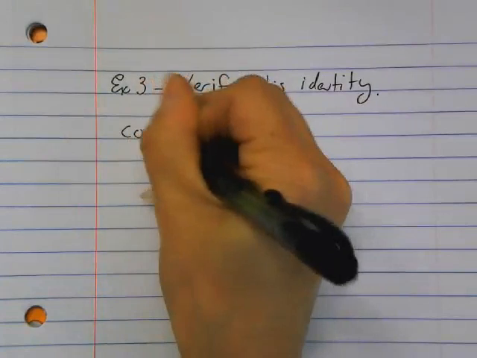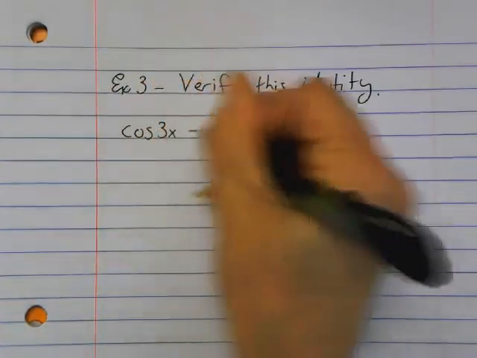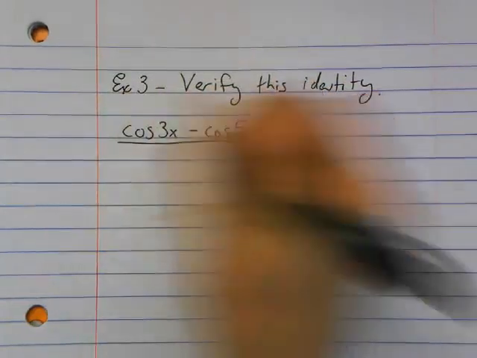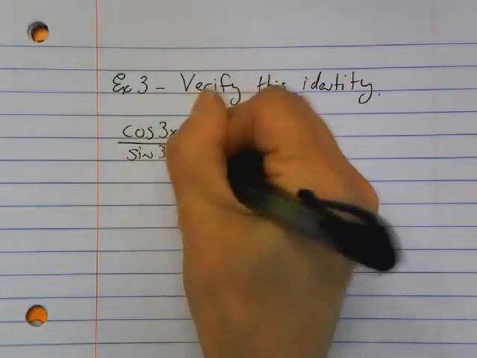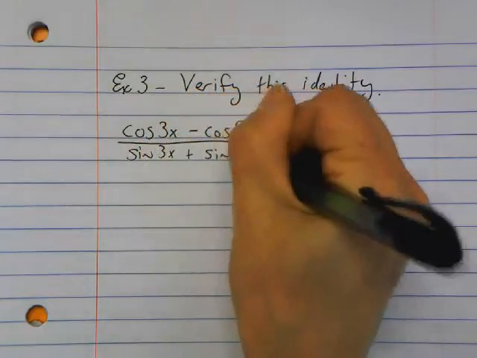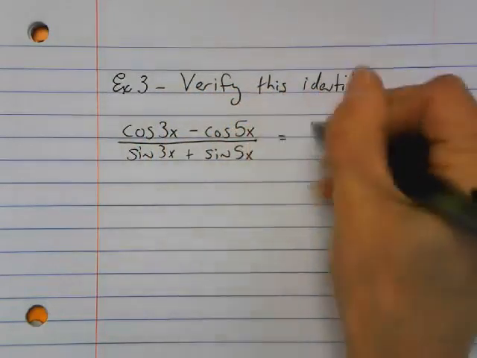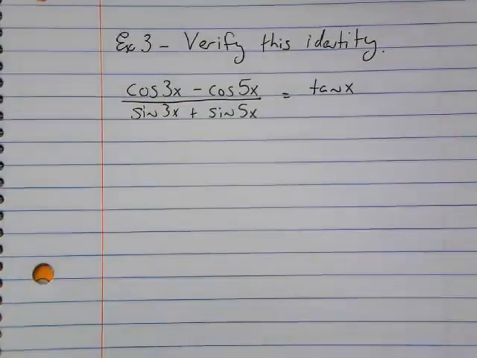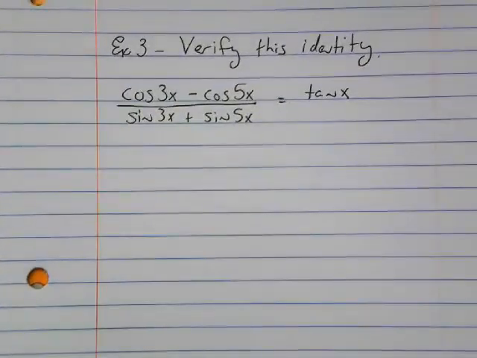I have the cosine of 3x minus the cosine of 5x over the sine of 3x plus the sine of 5x is equal to the tangent of x. If you're looking as far as how much paper you'll need, maybe about half a sheet.